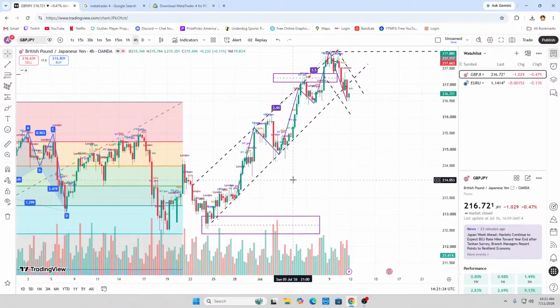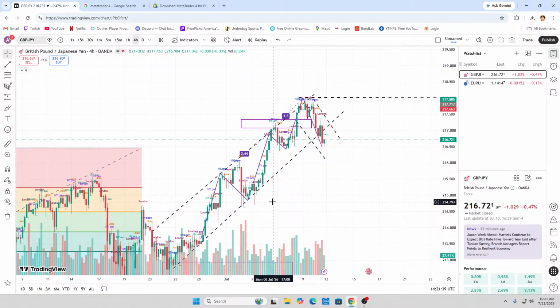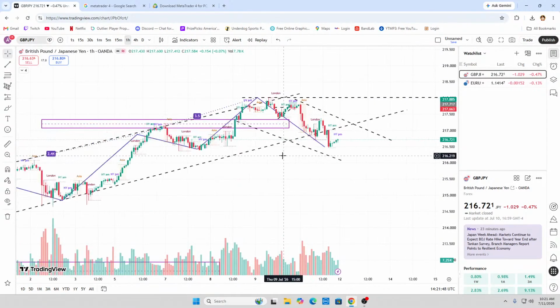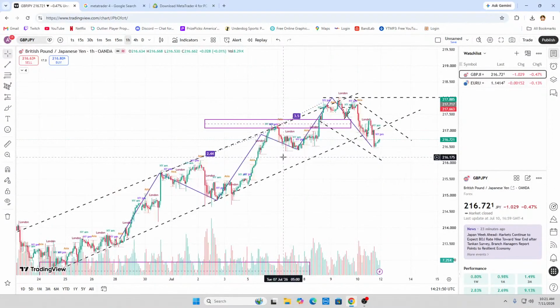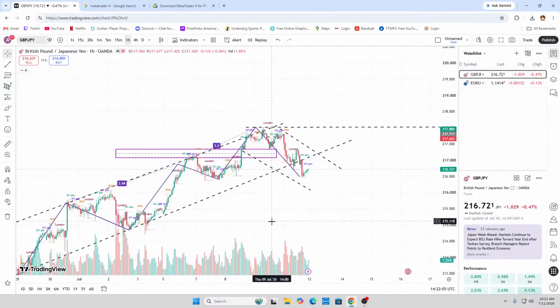So we have a bullish price action on that, but right now it's going bearish. So let's go into our time frame. Let's see what it's doing in there.